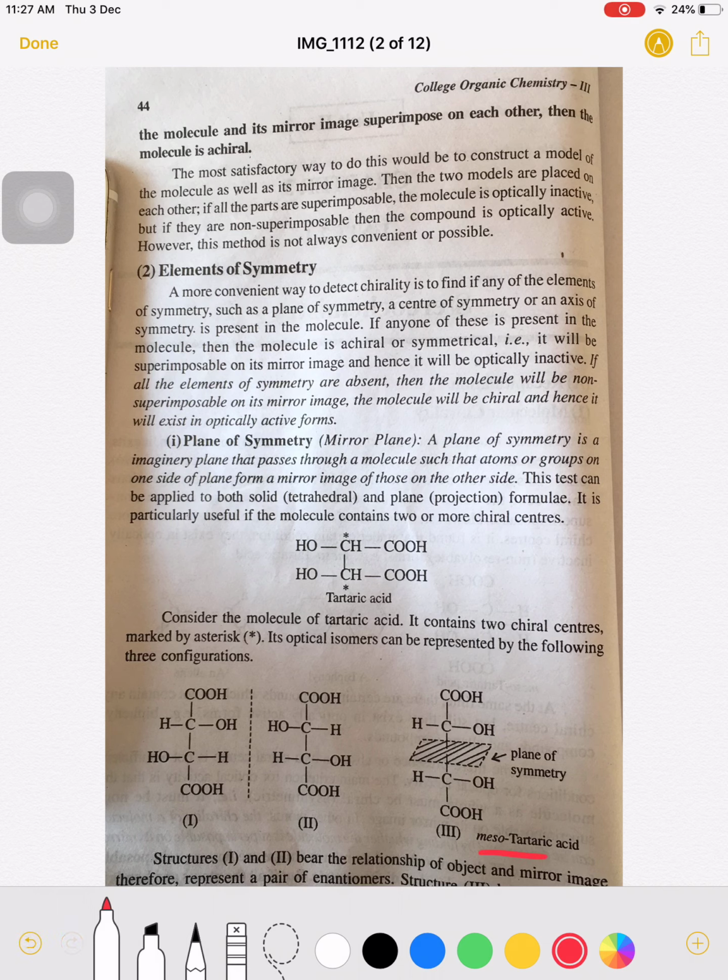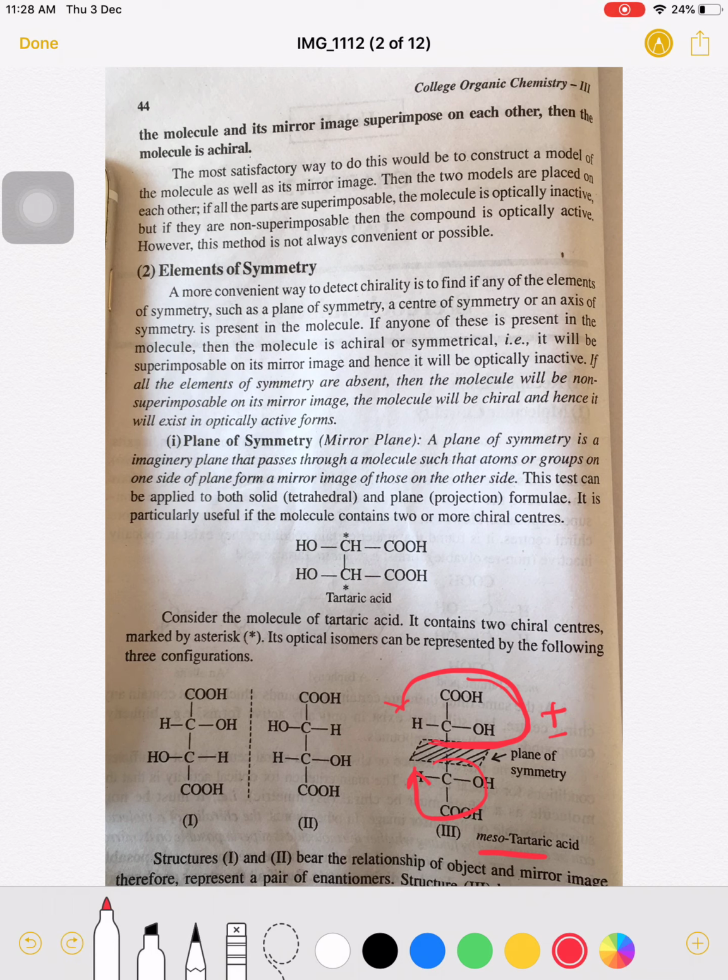Now see here, the rotation made by this chiral carbon is cancelled by the rotation made by this second chiral carbon. Suppose this carbon rotates the plane of polarized light in the anti-clockwise direction and this carbon rotates the plane in the clockwise direction. So when one chiral carbon rotates the plane to the left and the other rotates to the right, then finally plus and minus become 0.